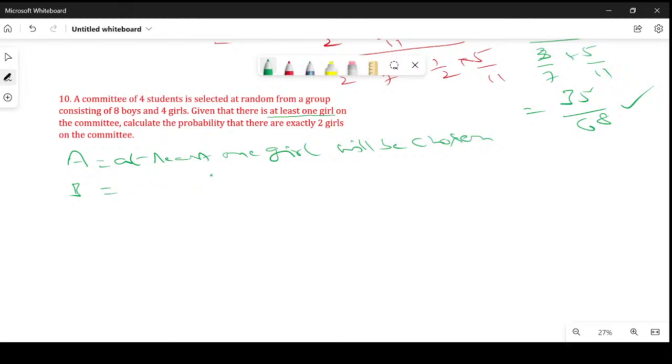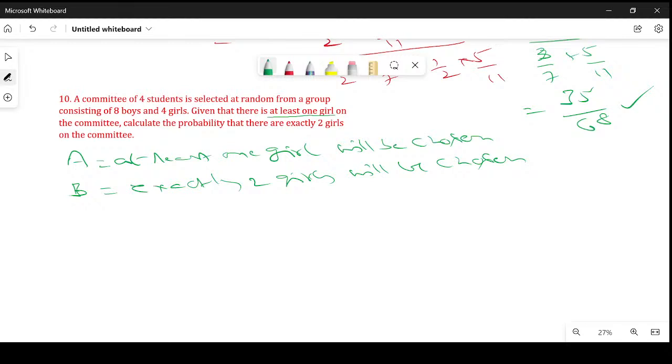This is at least 1 girl. What about event B? Event B is that exactly 2 girls will be chosen. That is the event B.